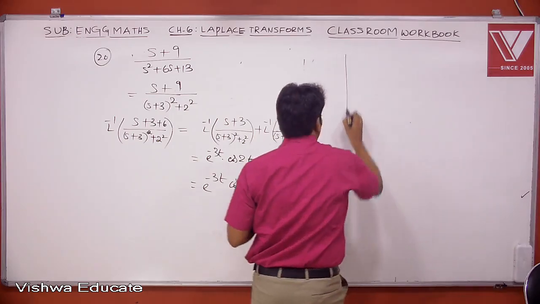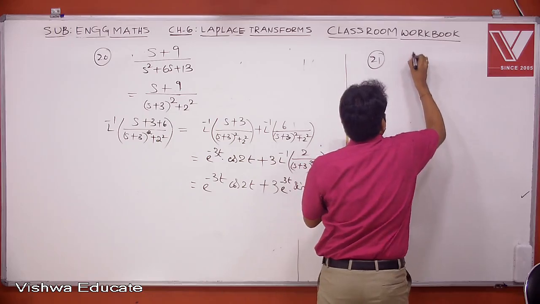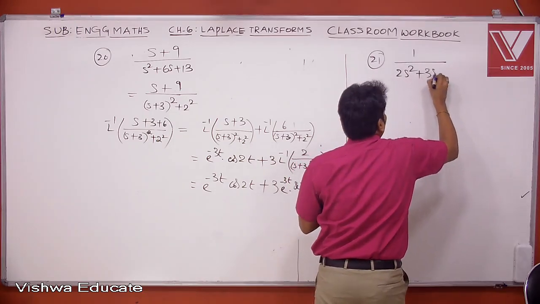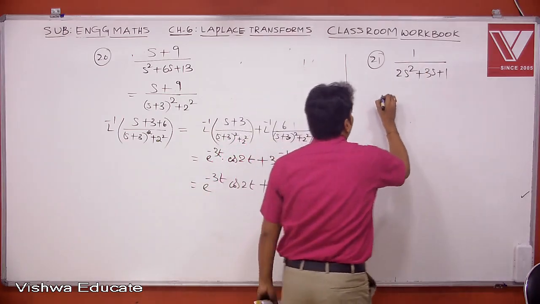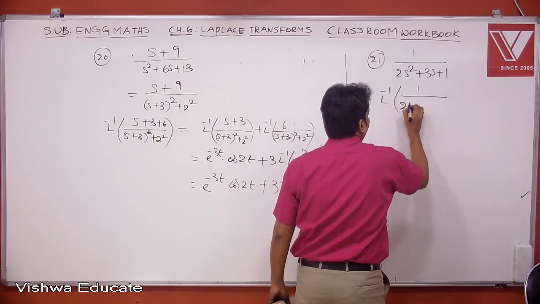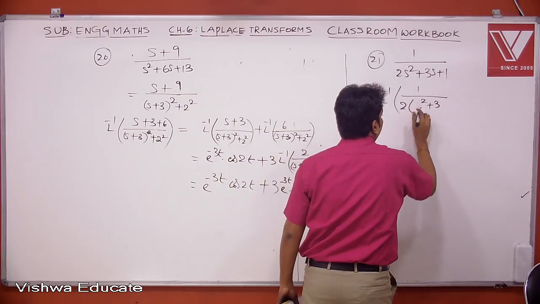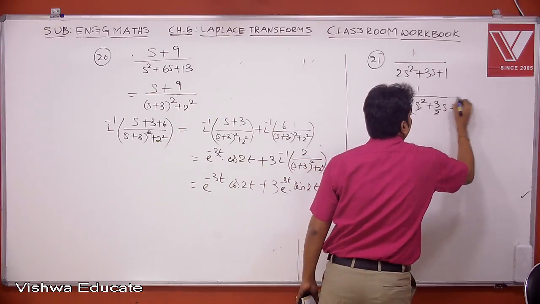Now let us move to question number 21. The inverse Laplace of 1 by 2s square plus 3s plus 1. We need to find the inverse Laplace of this. We can write it as L inverse of, taking 2 common, 1 by 2 into s square plus 3 by 2 into s plus 1 by 2.